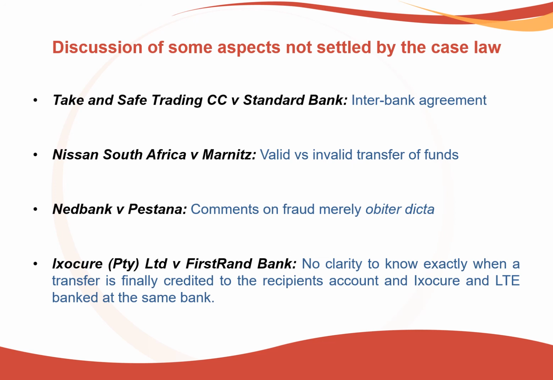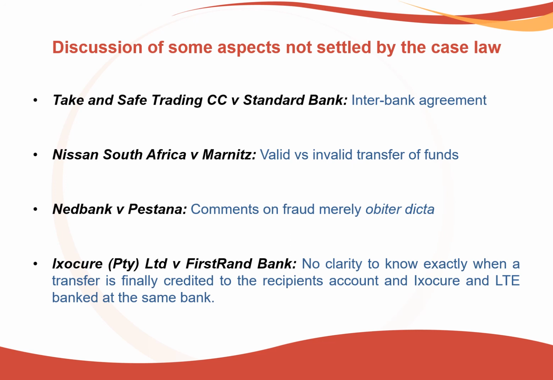In Nissen versus Munitz, the main question related to whether the transferee obtained a valid title to the amount transferred to them, and the court distinguished between a valid and an invalid transfer of funds. Unlike in Take-N-Safe, the case of Nissen was not dealing with a valid transfer of funds.